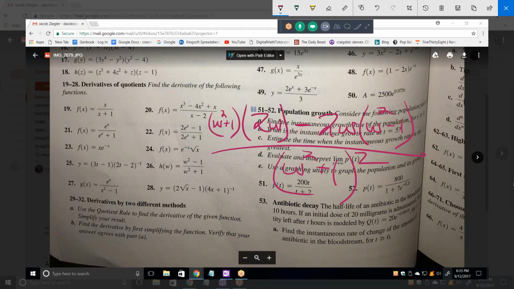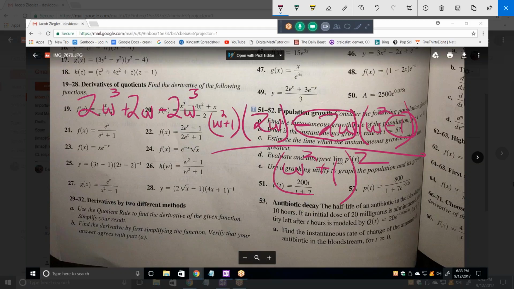The top, so it would be 2w cubed plus 2w minus 2w cubed. No, cubed is right. W times w squared is w cubed. Minus 2w, plus 2w. Oh, yeah, you're right, that times that.